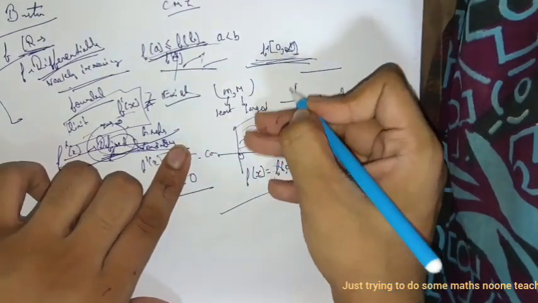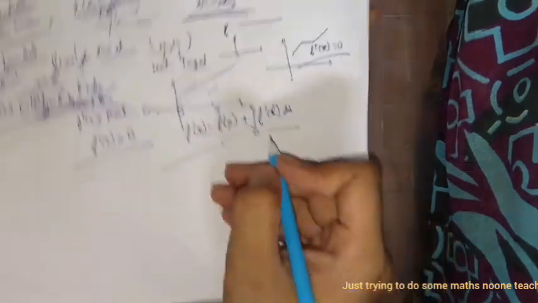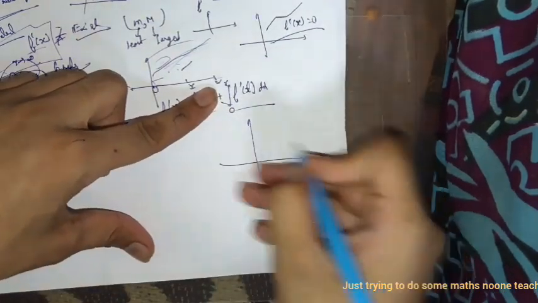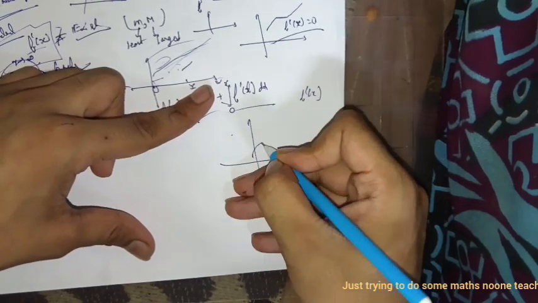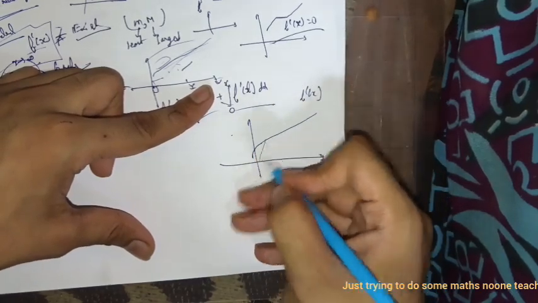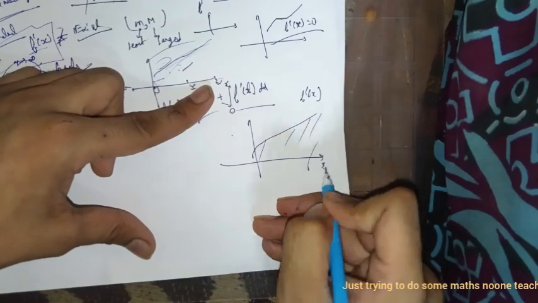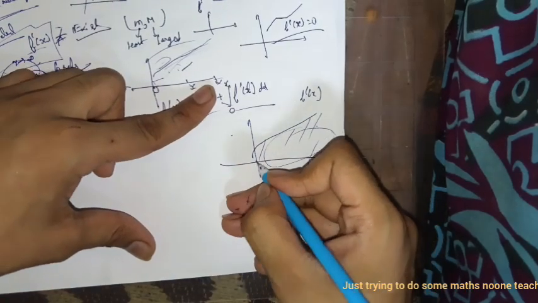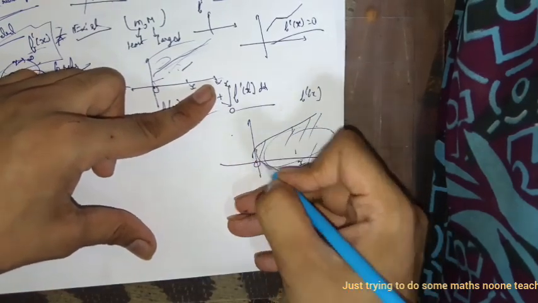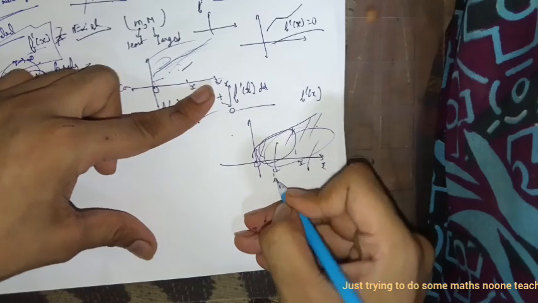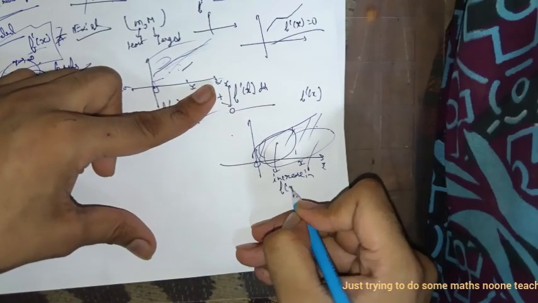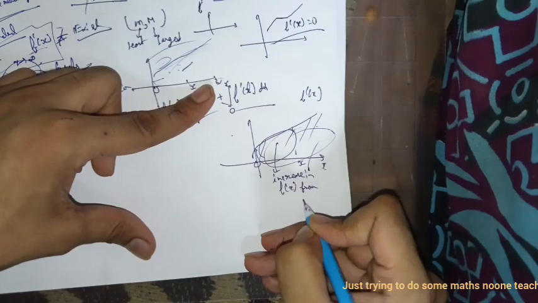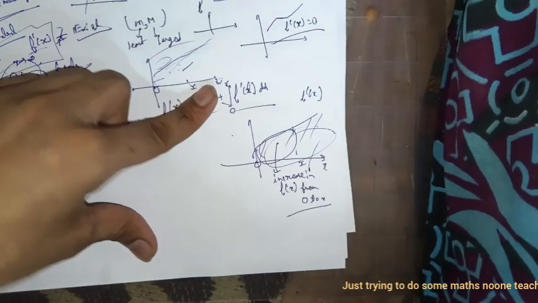Let me draw that. For example, let me make a better graph. It is a graph of f dash x. So the area under it from 0 to some x is the increase in f of x from 0 to x.